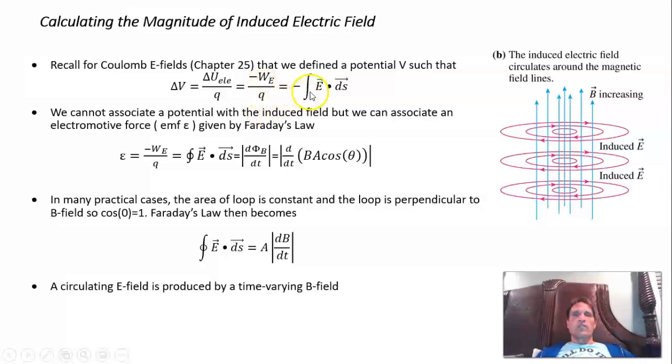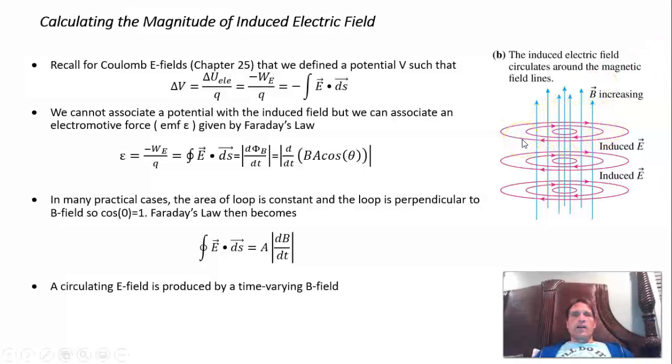And that was equal to negative E dot ds. In this case, this circulating electric field cannot be associated with a potential because the work done by it around a closed loop is not zero.